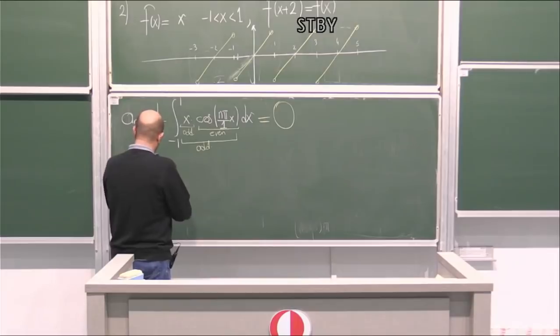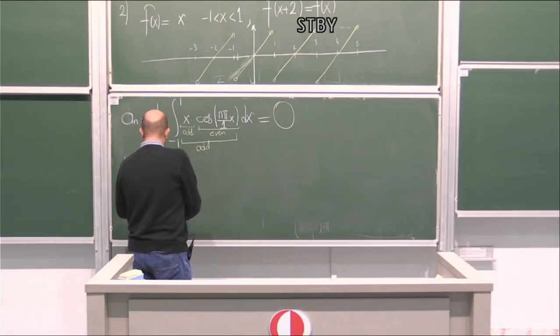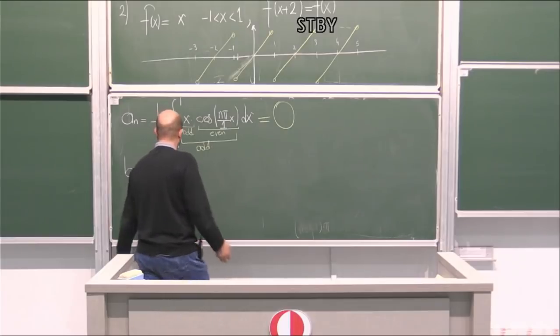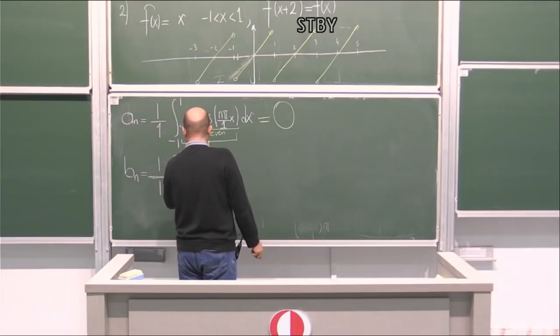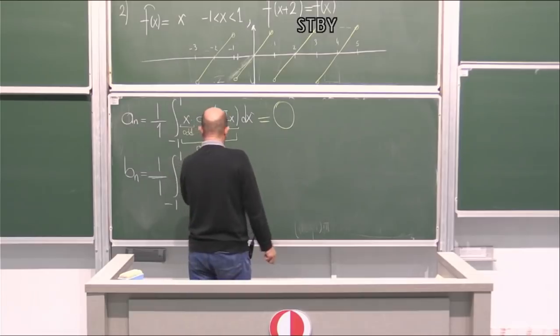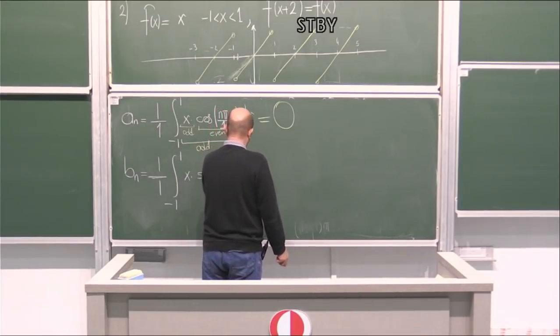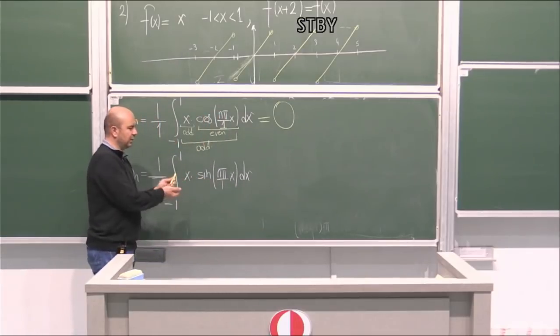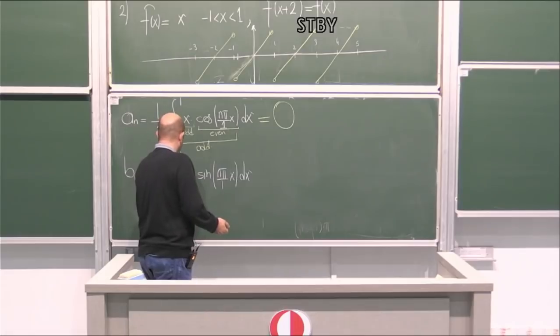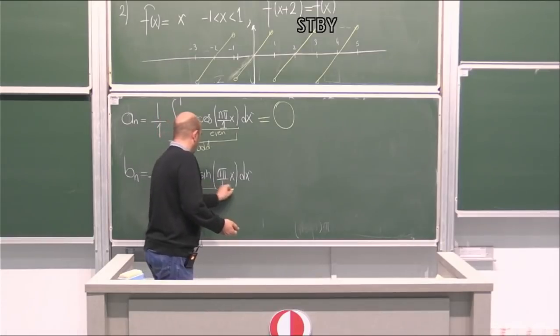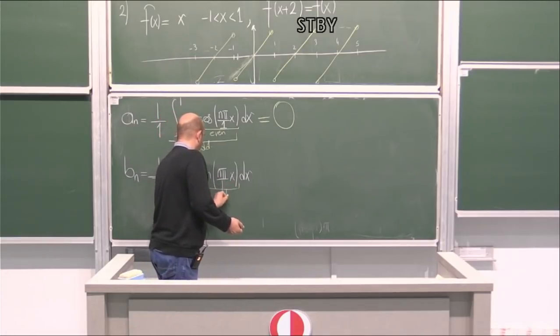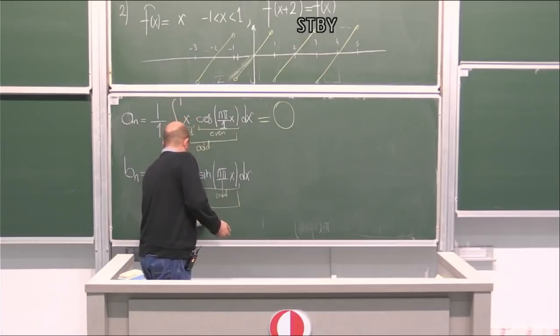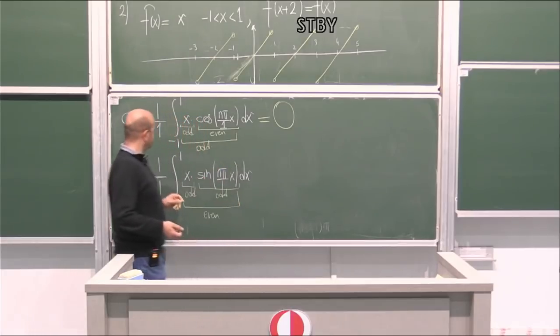All right, now this is 1 over 1, the integral from -1 to 1 of x times sine n pi x dx. This time it's odd times odd, so their product is even.